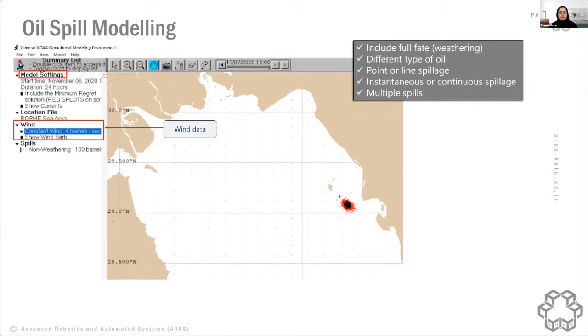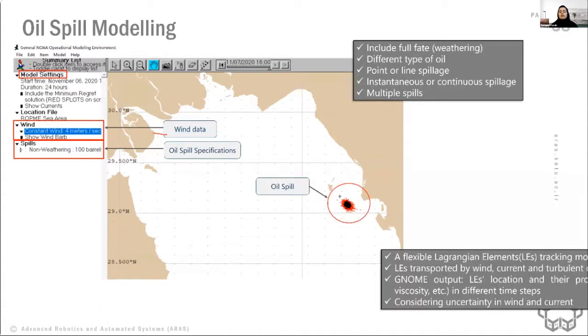Your wind could be constant or variable, and its speed and direction can be set. Then the oil spill specification should be set. You can add a point or line source or a spray, and then you have the simulation of the oil spill.